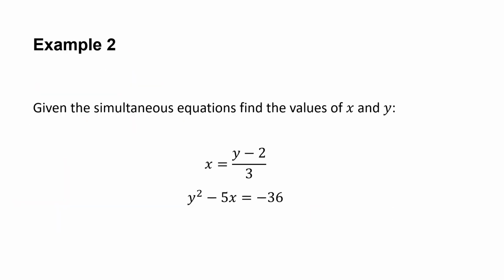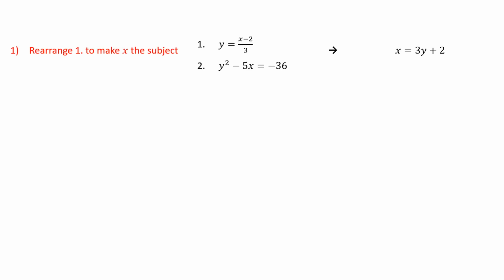We'll do one more. We have x equals y minus 2 over 3, and y squared minus 5x equals -36. So there's a slight difference this time. You can see here that our quadratic term is actually y instead of x.